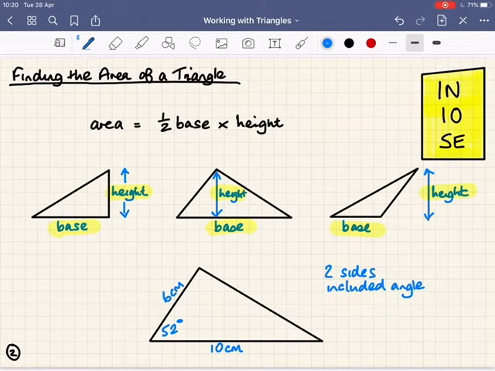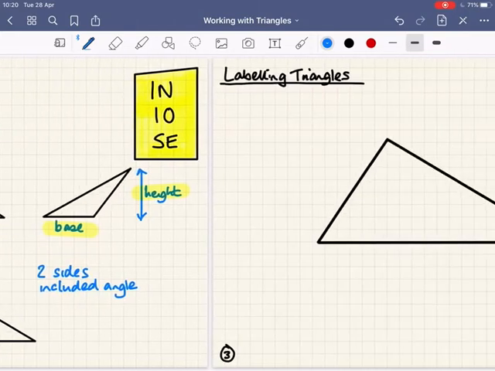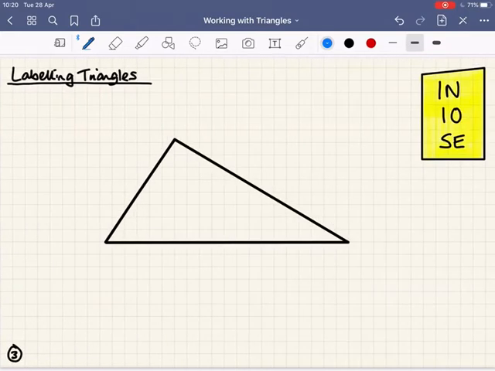Before we go further, let's just make sure we know what the general standard is for labelling triangles. In general, we'll label the three vertices of a triangle as A, B and C, and we'll use capital letters to denote the vertex and the angle inside it. So effectively, this angle here is A degrees, this one is B degrees, and this is C. And we're using capitals.